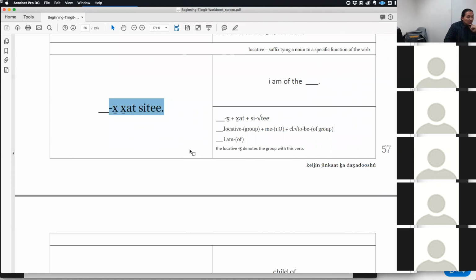And so this could also be a career. Kawdliyeeji chatzati, Tlingit chatzati, what is that? Kawdliyeeji chatzati. I think that's how it is.